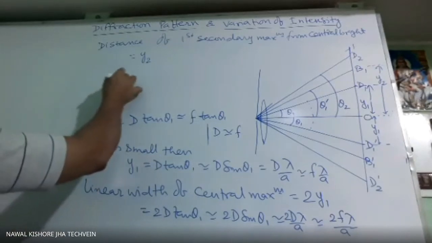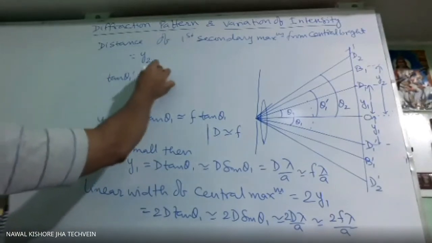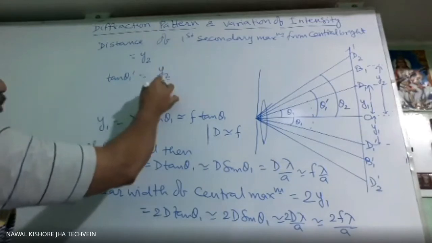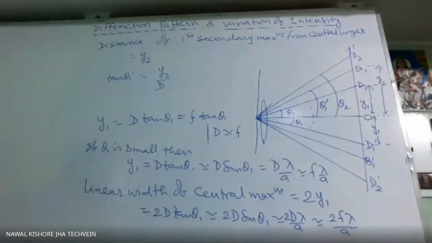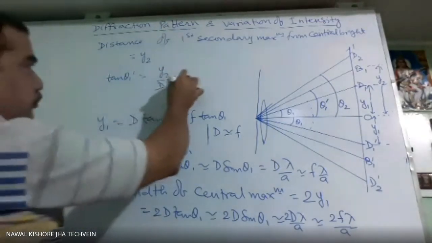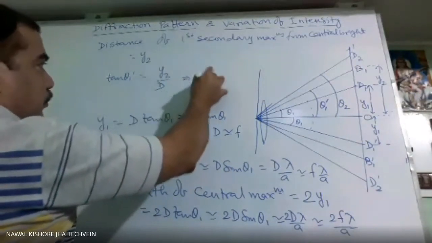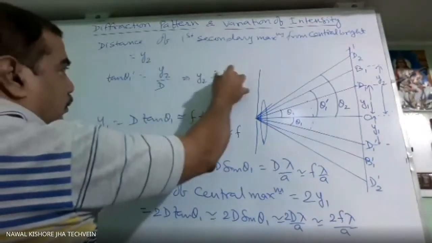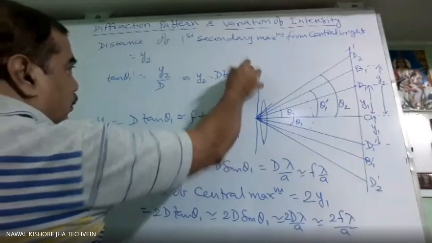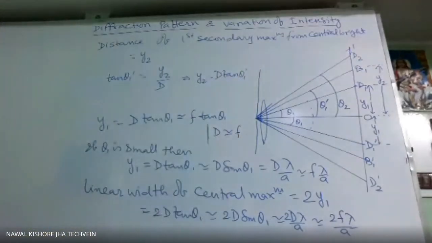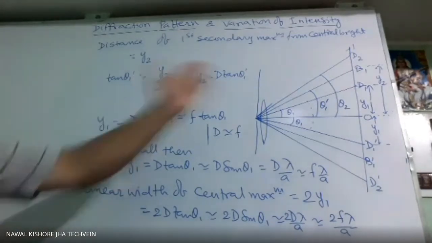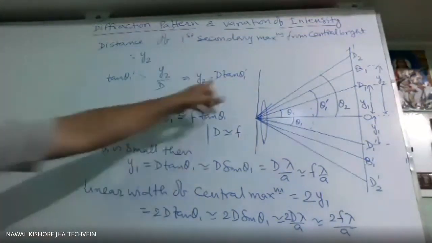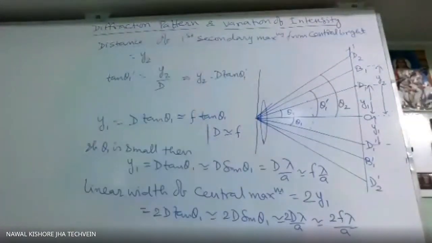So tan theta 1 dash is y2 over d. Again, in the same way, if theta is small, we can take sin theta 1, otherwise we have to find this value.